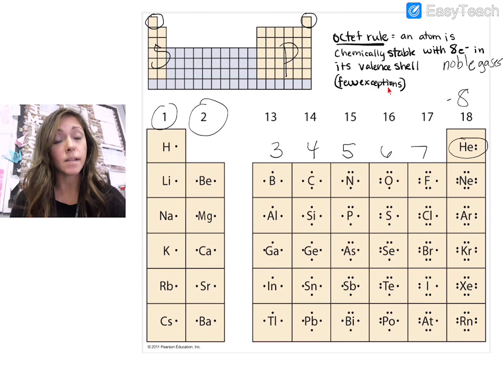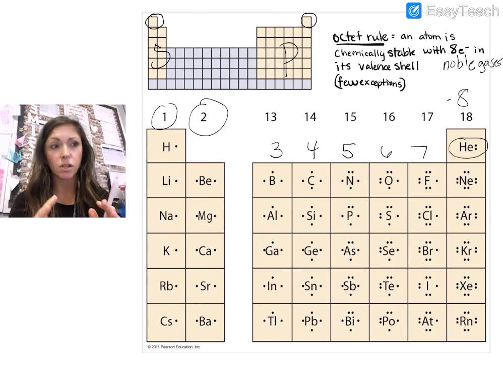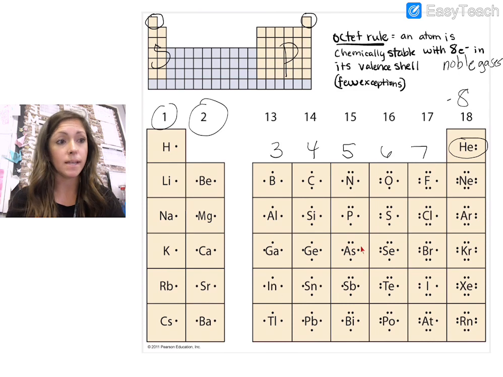There are a few exceptions. Helium would be one of them, and the only one that we'll really talk about for now. But overall, as long as an element has 8 valence electrons, then it is chemically stable. So that means that all of these that we see outside of the noble gases need to chemically bond with other atoms in order to become chemically stable.